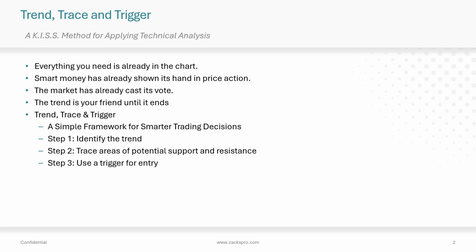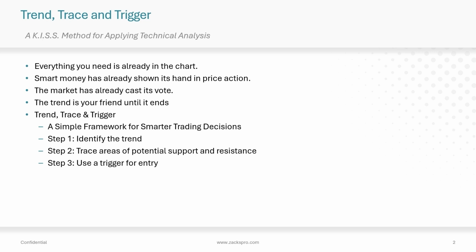The chart tells you what has already been processed, and what the market feels about it. Smart money has already shown its hand in that price action. The stocks have already made their move based on these investments coming in, and it's all in that chart somewhere.